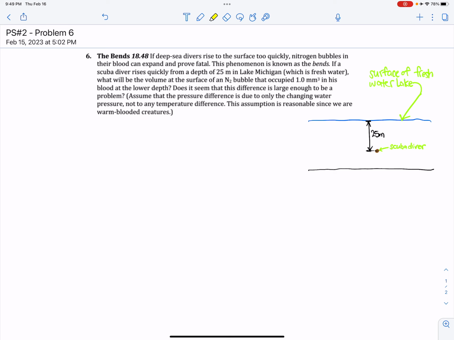And so the amount of gas doesn't change. So based on those given information, I will use the ideal gas law in section 18.1.